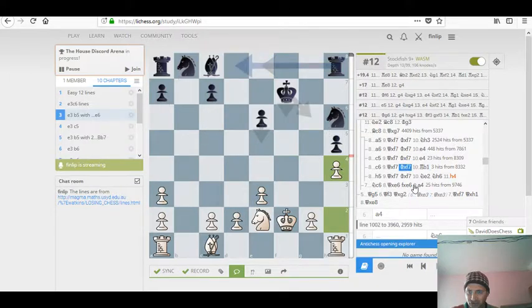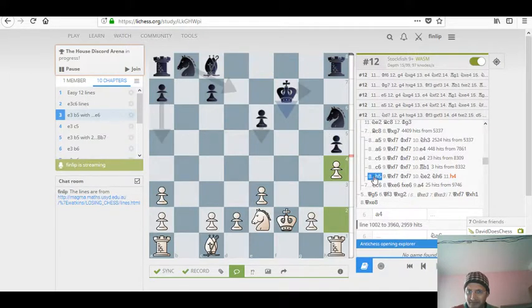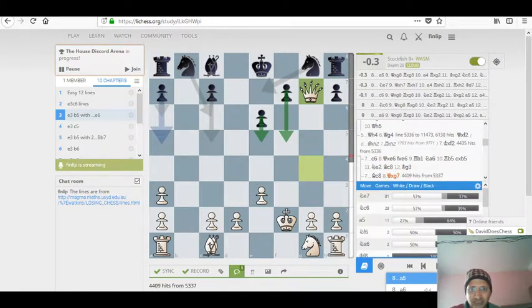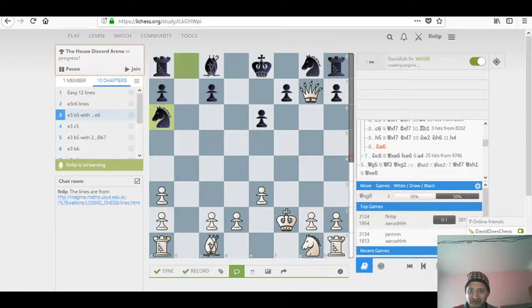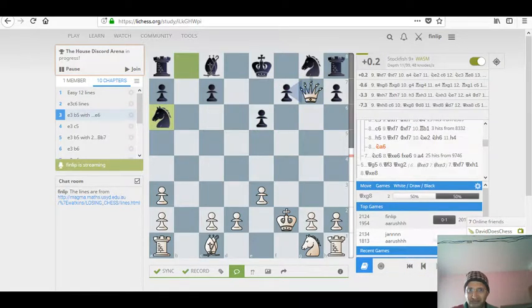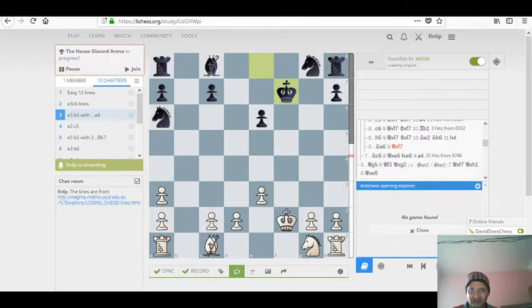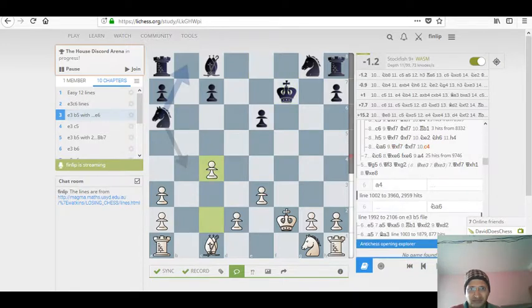Now what happens here? So we go to the next line. After h5 we have to look at knight a6 here. Knight a6 is followed again by taking here, and after the king takes, which is forced, we play the move c4. Let's see how many lines there are here.